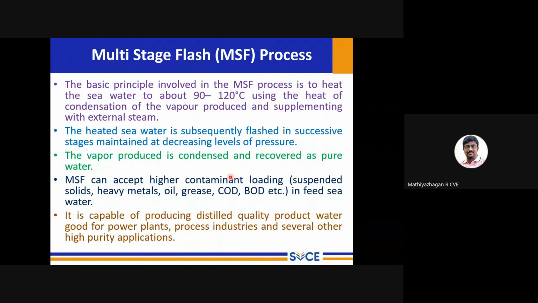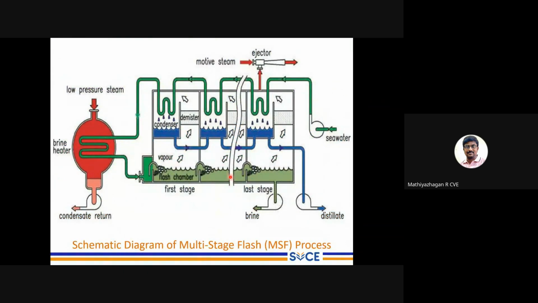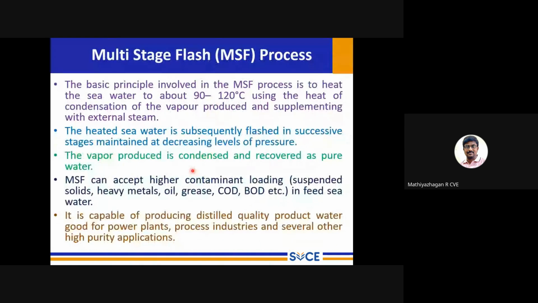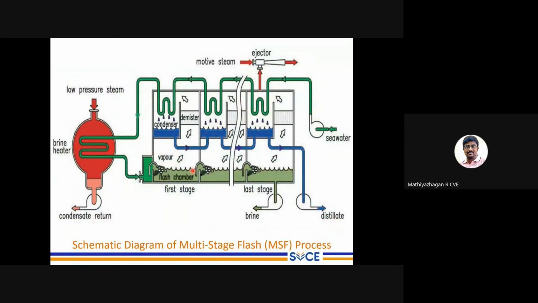In the multi-stage flash process, the seawater is heated using steam. Then we introduce the heated seawater into the flash chamber. Here, because of the temperature between 90 to 120 degrees Celsius, the water is converted into water vapors.